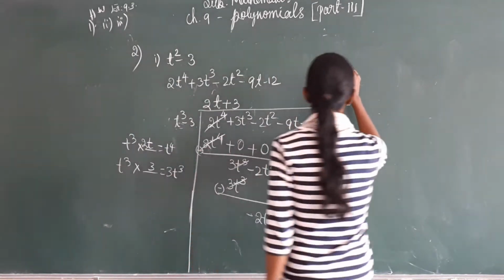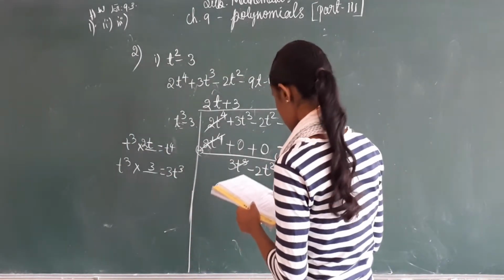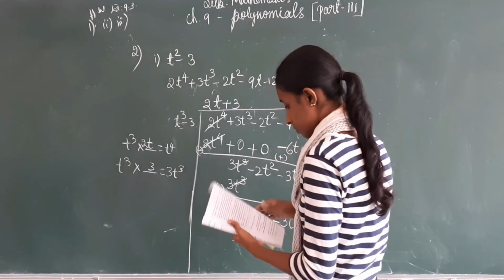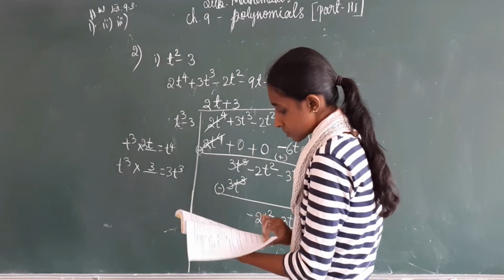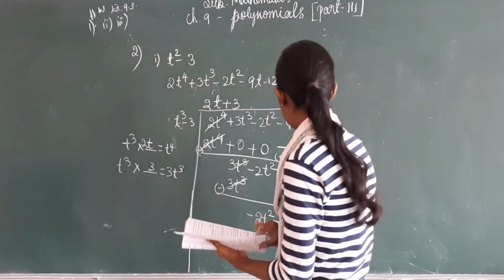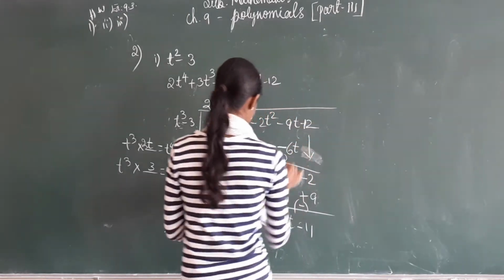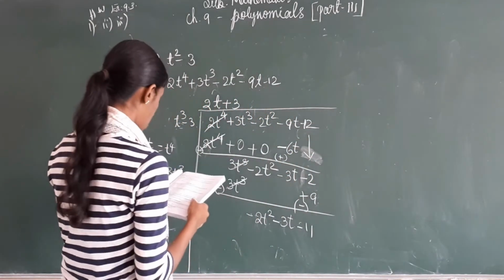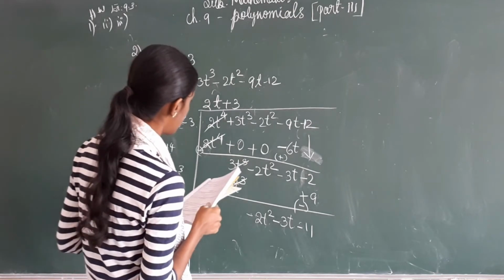Next step, what you have to do is take this. Oh, sorry, this is minus 12. 2t power 4 plus 3t cube minus 2t square minus 9t minus 12.